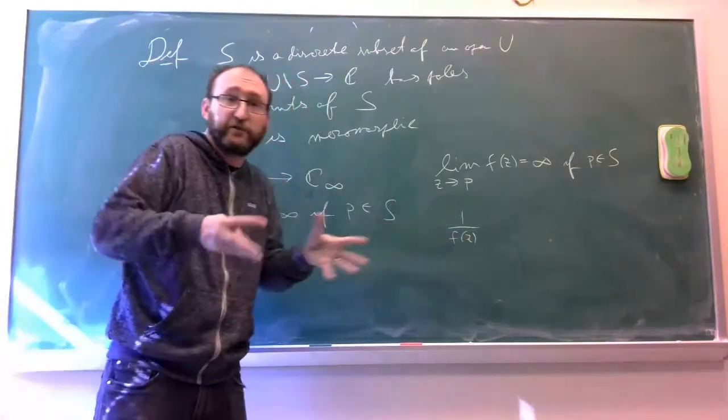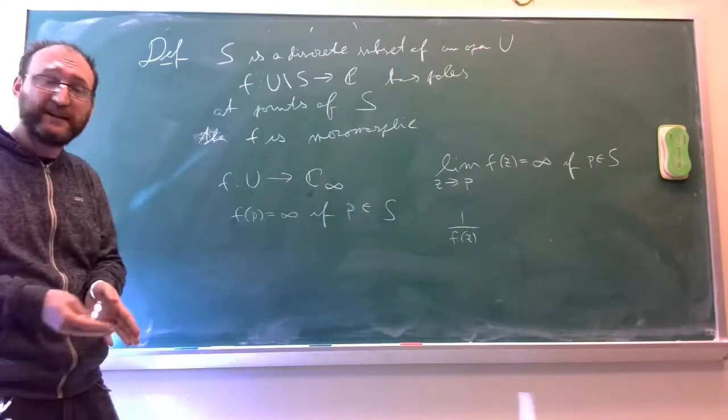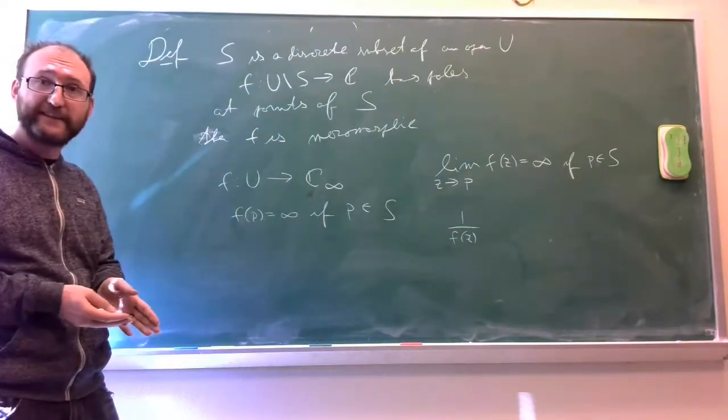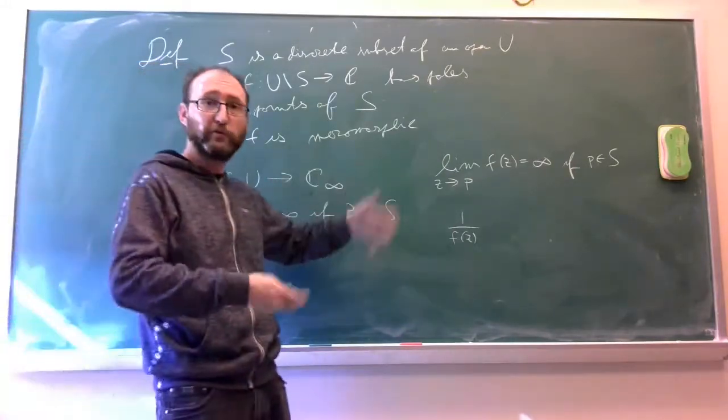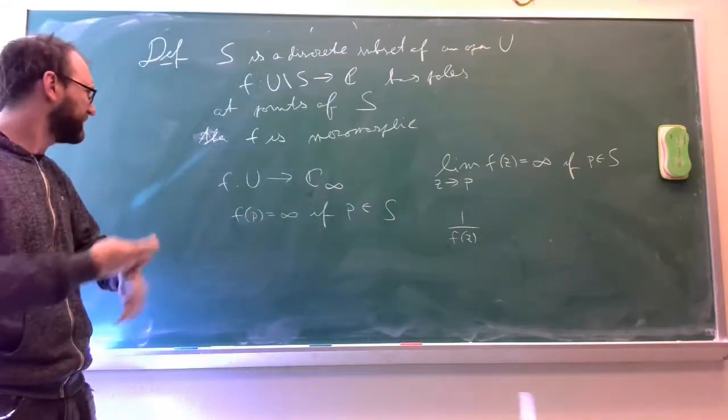It extends to a holomorphic function which has a 0 at that point. And actually, it's going to be a 0 of order k if the pole was of order k. So it makes sense.